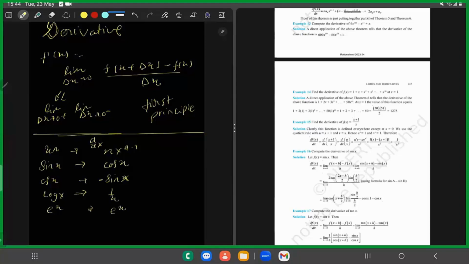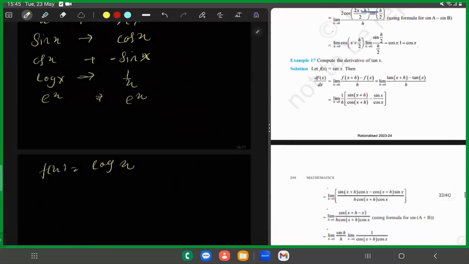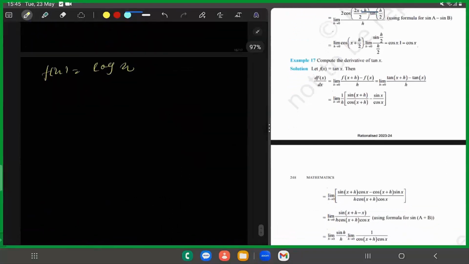So if I derive any one of the cases, just to make you familiar with the concept of first principle, let us take log of x. Let f of x equal log of x, and we'll find the derivative of this function by using the first principle. So f dash x, that is dy dx of f of x, is limit delta x tending to 0 of log of x plus delta x minus log x, by delta x.